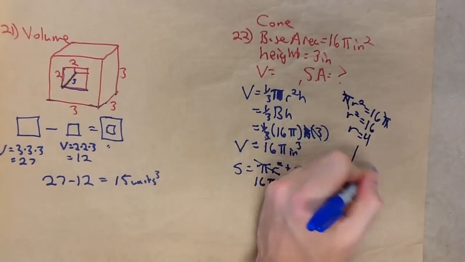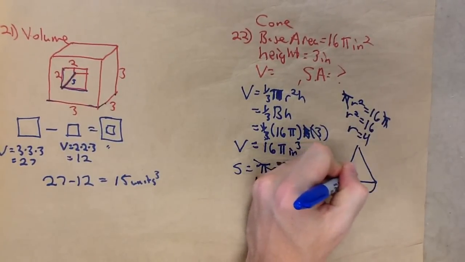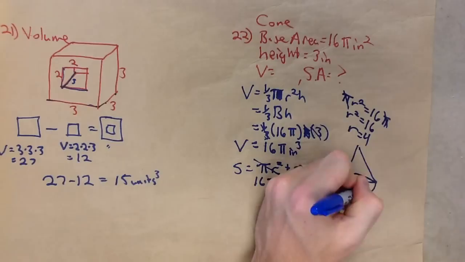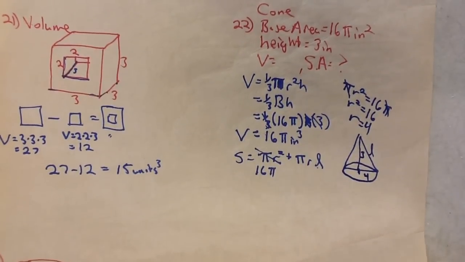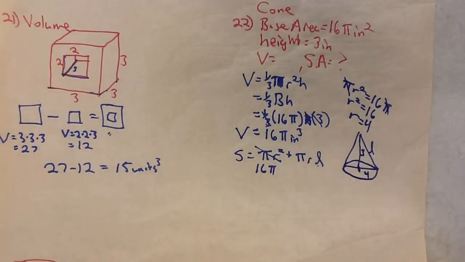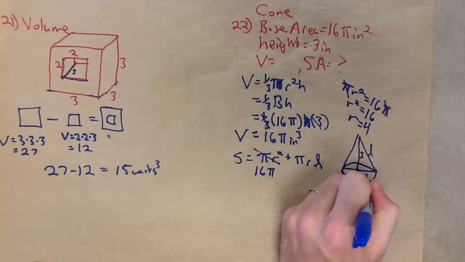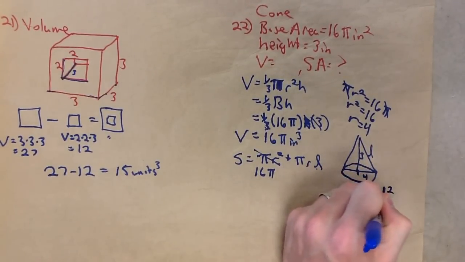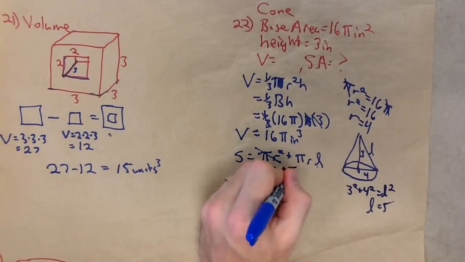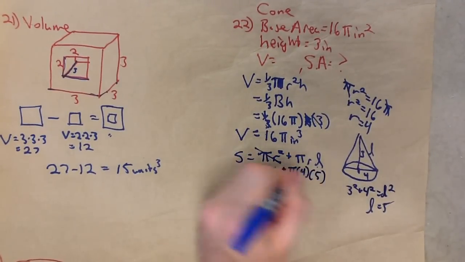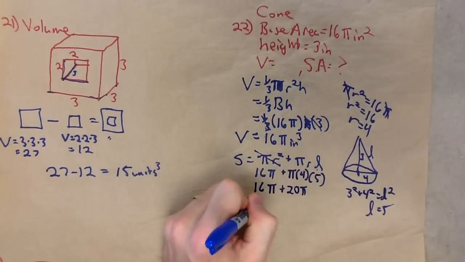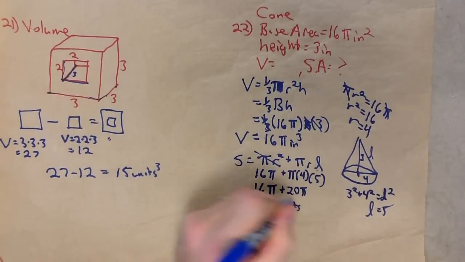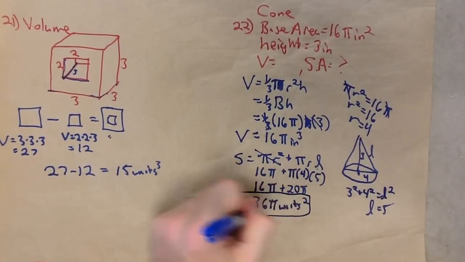And in that cone, if I drew it, the radius is 4, the height is 3. I can find the slant height using Pythagorean theorem. And this is just like that one we did way back on number 1. We had to find the slant height. 3 squared plus 4 squared equals L squared. L comes out to be 5. So I'll put pi times 4 times 5. I get 16 pi plus 20 pi. Our answer is 36 pi units squared for the surface area.